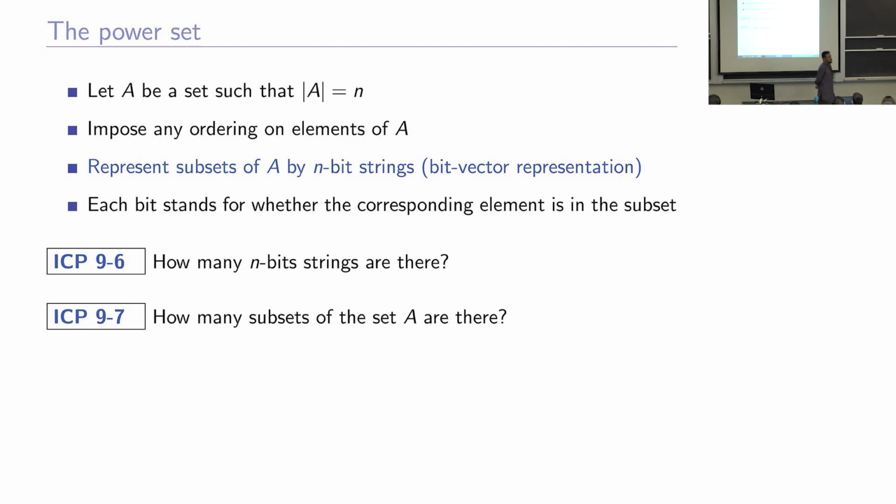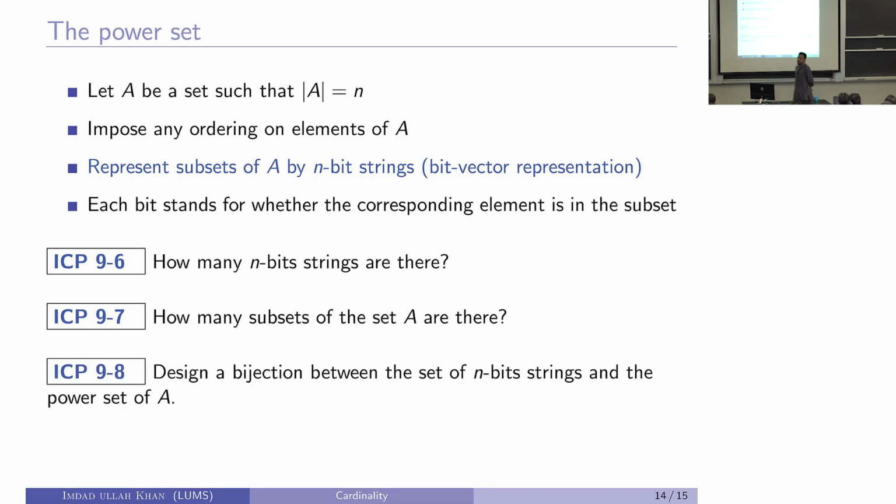The theorem says two sets with the same cardinality must have a bijection between them. Can you design a bijection between the power set of A and the set of all bit strings of length n? What is the bijection?